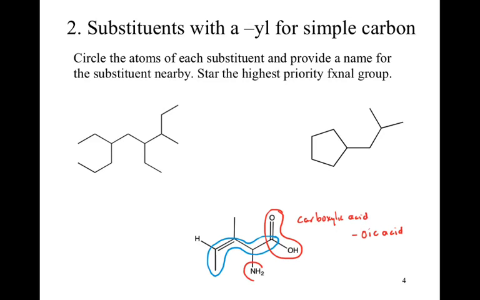We look at our other substituents. We have an NH2. The NH2 is named as an amine if it is the highest priority functional group. Well, it's not the highest priority functional group, so it gets named instead as an amino. And the name would continue to the right. If we continue to look at our substituents, up here I have a methyl.